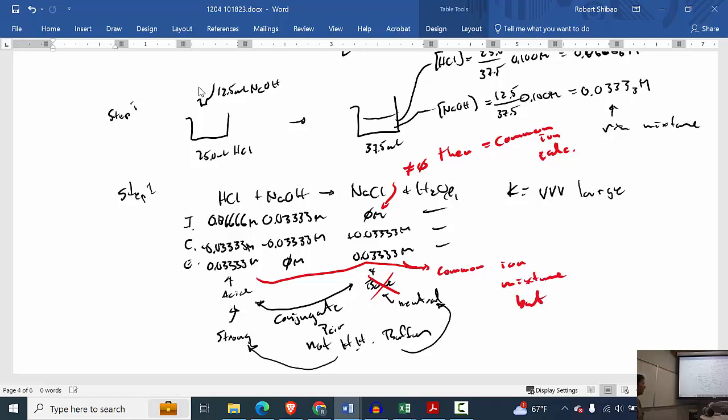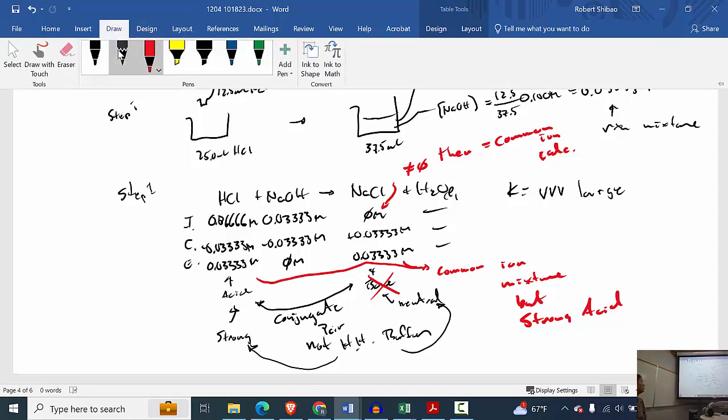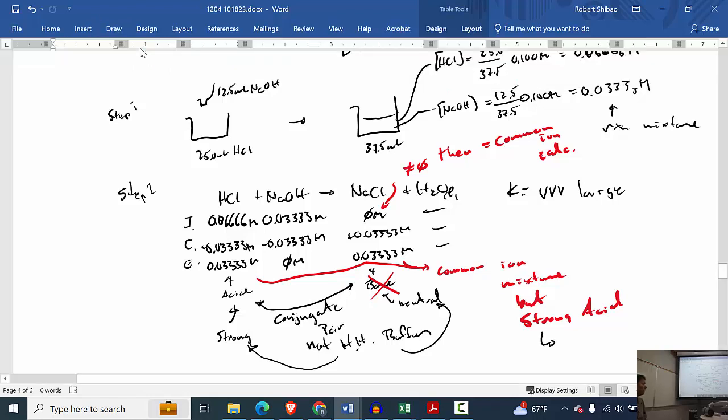But it's a strong acid. Normally, with a common ion type problem, the common ion inhibits hydrolysis or reaction.